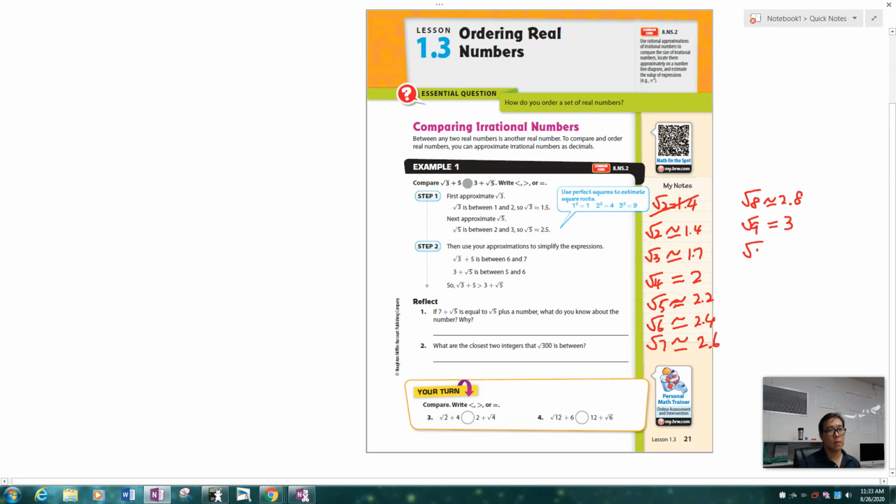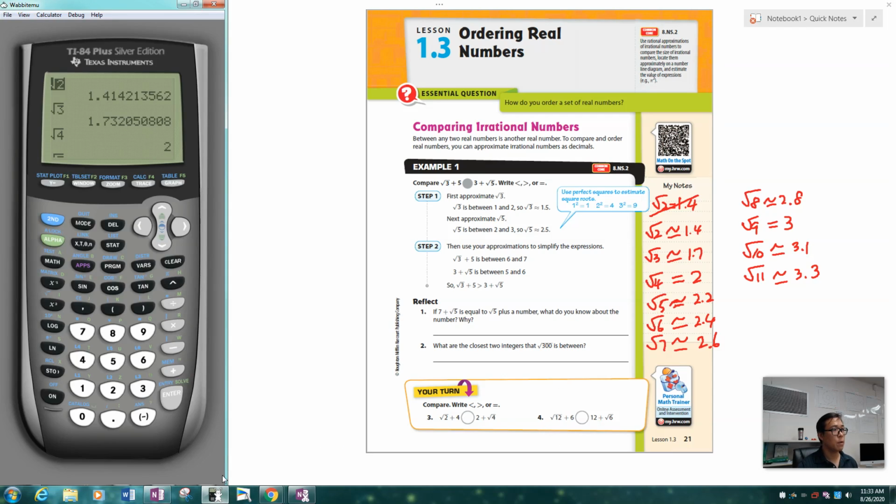Square root of 10 is approximately equal to 3.1, and square root of 11 is approximately equal to 3.3. So let's double check. Am I right? I believe I'm right.